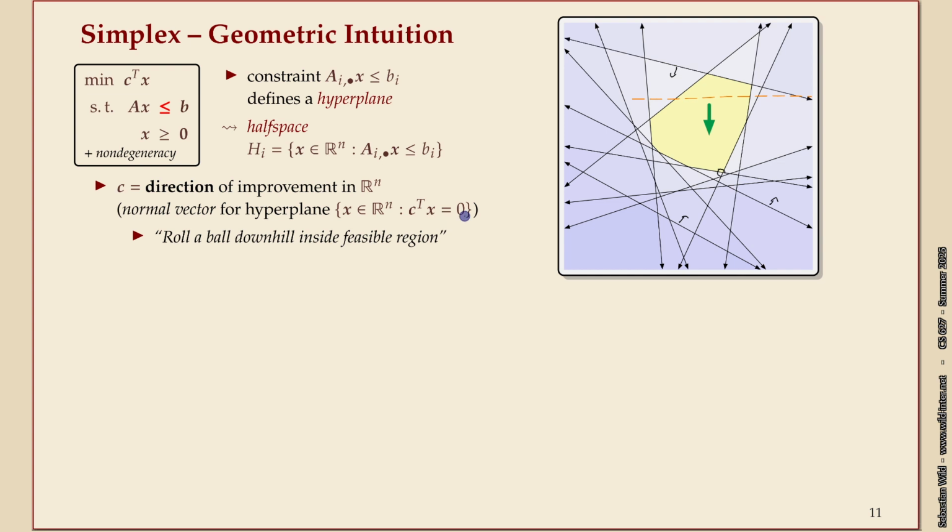And the same vector is also the normal vector standing on that plane. And that's really what this green arrow is. So this is the hyperplane for C, and that's C itself. It's pointing downwards. So really C you can think of as a direction for improvement. That's where you have to move. And this works in any number of dimensions.